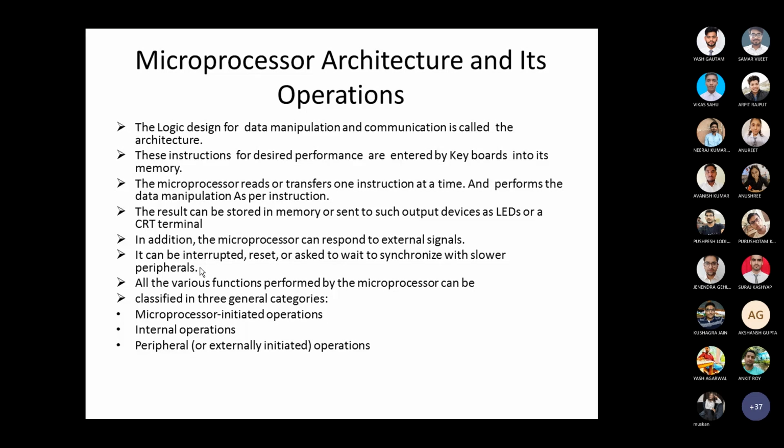So there are different functions performed by the microprocessor. One is the microprocessor initiated operations, second is internal operations, and third is peripheral operations. First is the microprocessor initiated operations.